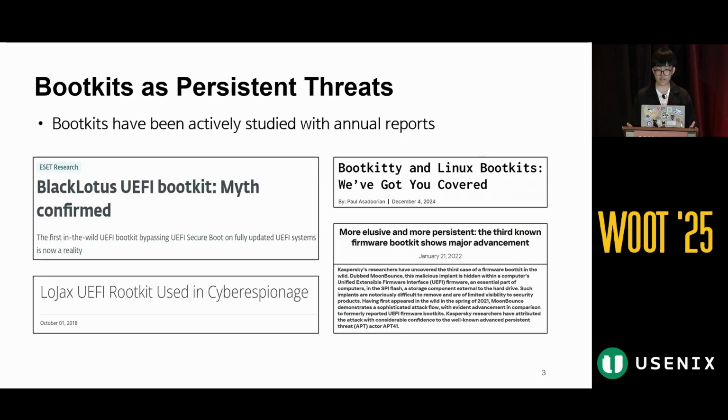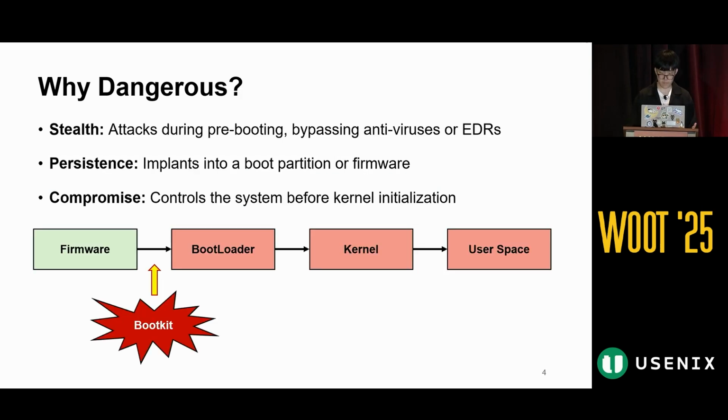Furthermore, in recent years, the bootkit threat has remained persistent, with at least one bootkit analysis published each year. First, let's explore the core threats. Bootkits are highly stealthy, hiding in the boot process to evade antiviruses and EDRs.